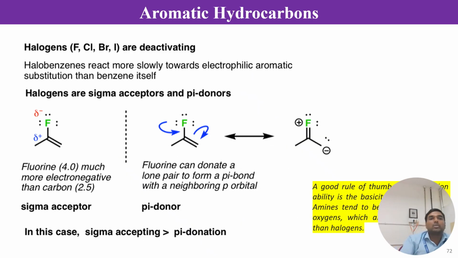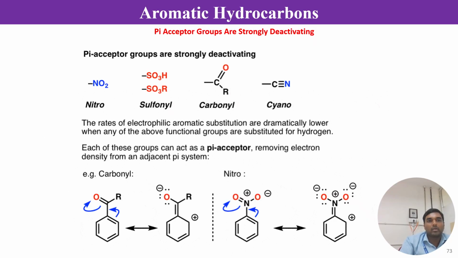And why are halogens deactivating groups? Because halogens are electron withdrawing groups, so they will withdraw electron density towards themselves. So they are sigma acceptors. As a result, they withdraw electron density and do not allow the benzene ring to be a good nucleophile to accept the electrophile. So pi acceptor groups are strongly deactivating, for example, nitro, sulfonyl, carbonyl, cyano groups.